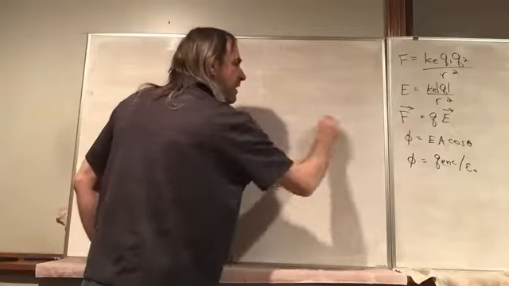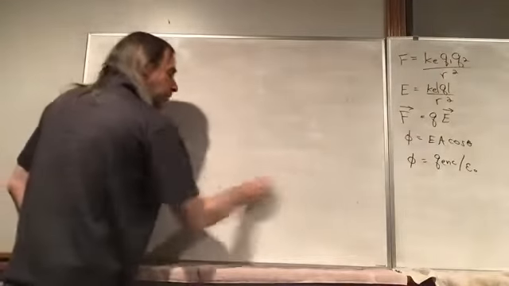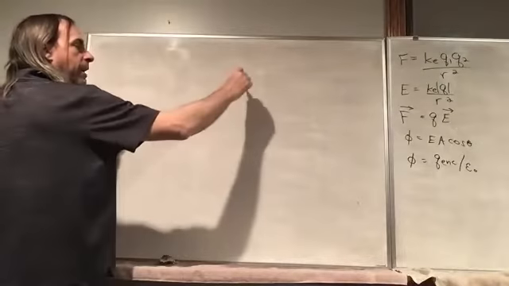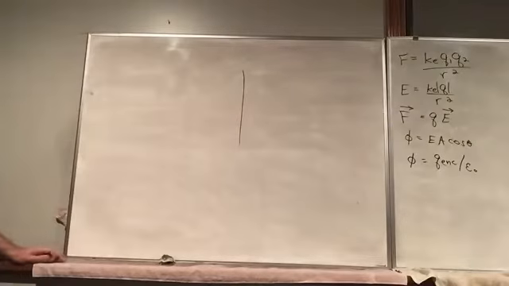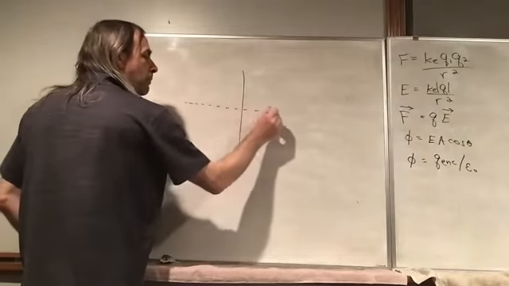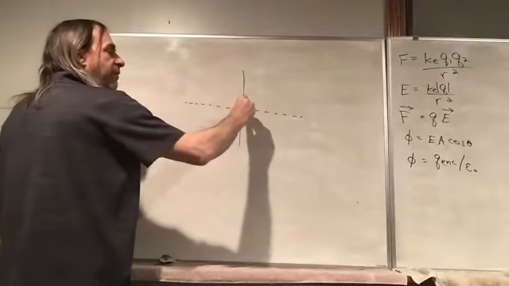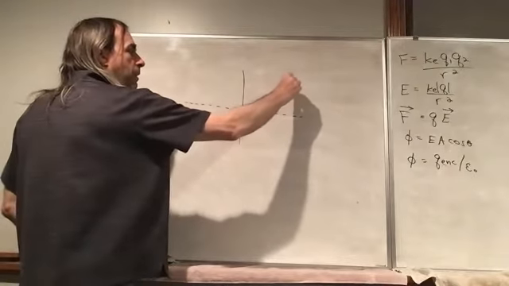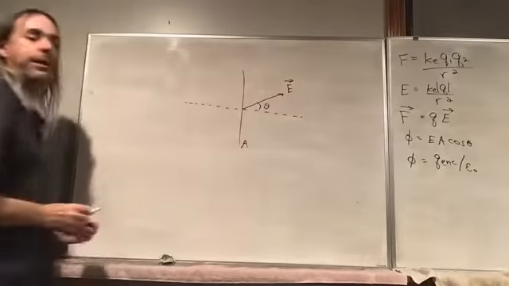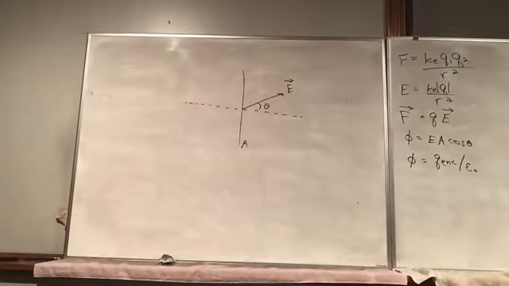This formula is for a flat surface with an area A, and we have this normal direction. If an electric field is crossing this surface, theta is the angle between the electric field and that perpendicular direction. So flux here would just be EA times cosine theta.